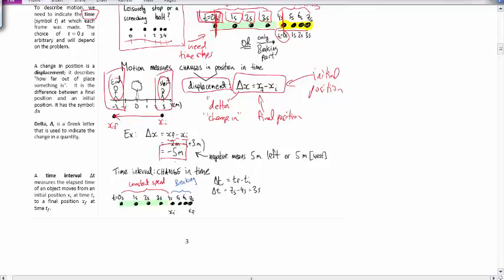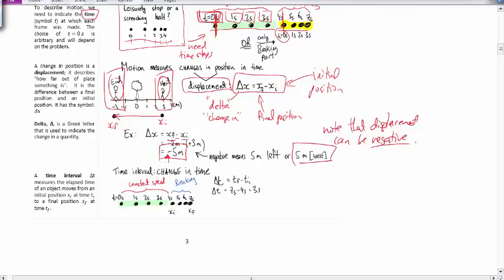So we have a displacement of -5, which is the same thing as 5 meters west. So note that displacement can be negative.